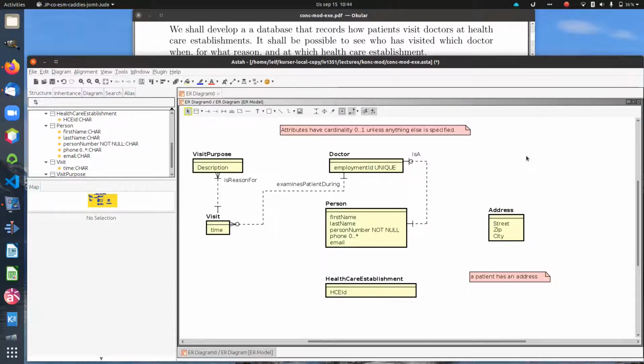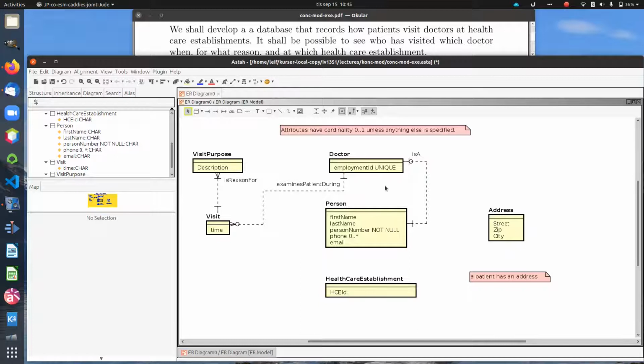That means we would have some kind of one-to-one relationship between address and person. But still, a person would not be an address, right?